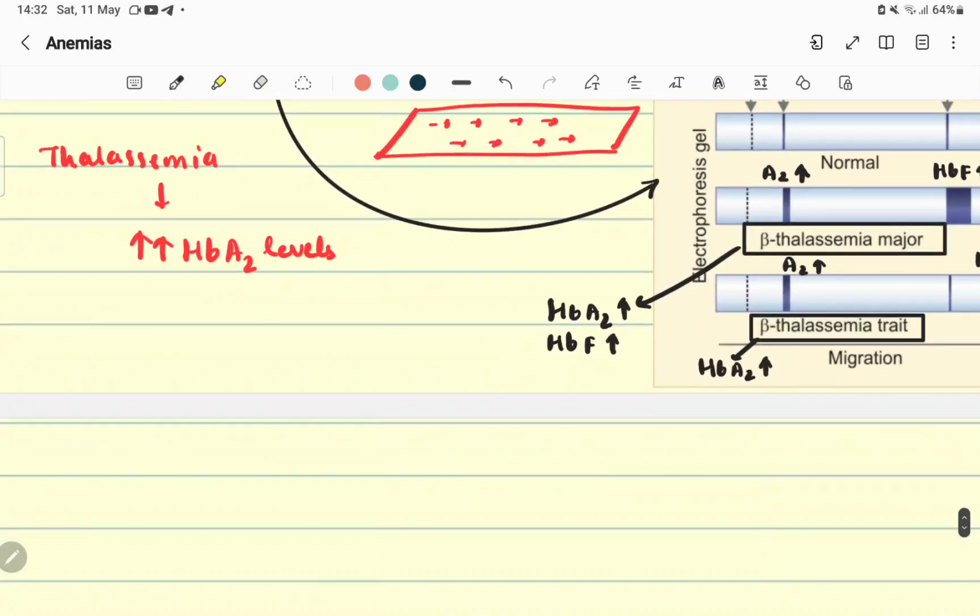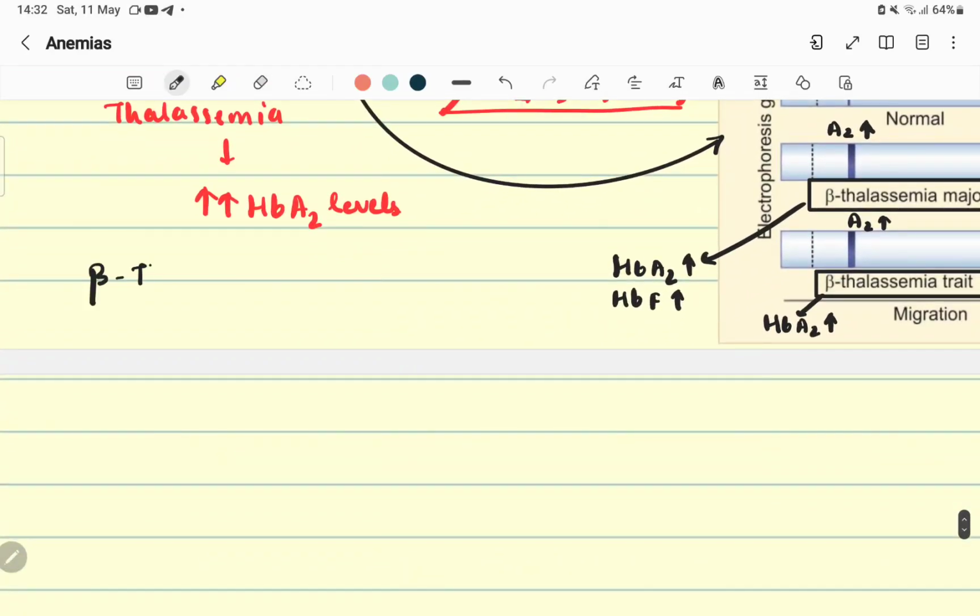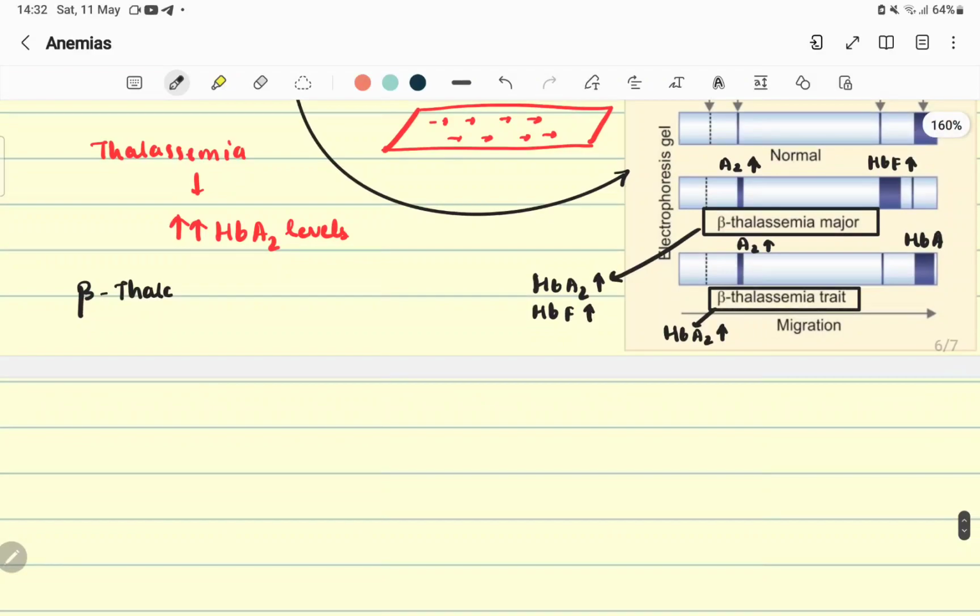In beta thalassemia minor, major is done, right? Minor, you will see HbA2 increase.